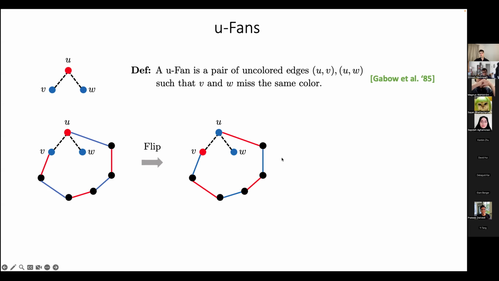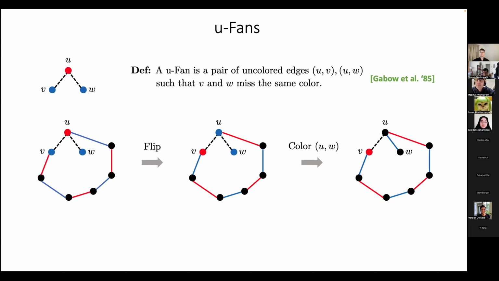But now, after doing this, blue becomes available at U, and it's still available at W. Because this alternating path can end at one of these two endpoints, but it can't end at both. And the observation is that regardless of whether or not this path ends at one of these two endpoints, after flipping it, we will always be able to color in one of these two edges. And then we can extend the coloring to this edge, and this is what we refer to as activating a U fan.